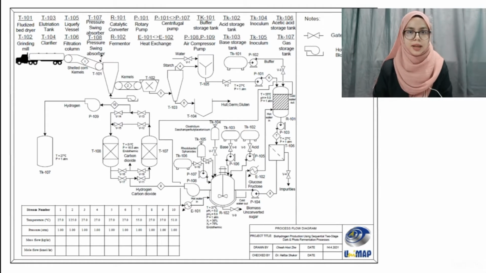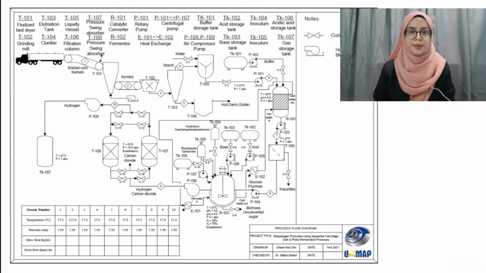In fermenter tank R102, the processes are dark fermentation and photofermentation. During dark fermentation, glucose is converted into acetic acid and hydrogen gas. The bacteria responsible during dark fermentation is Clostridium Saccharobacter acetonicum.